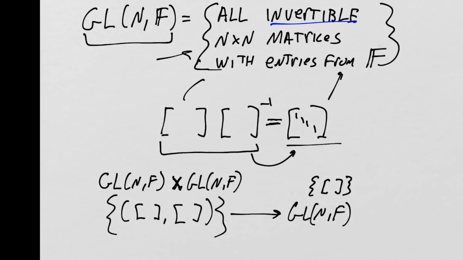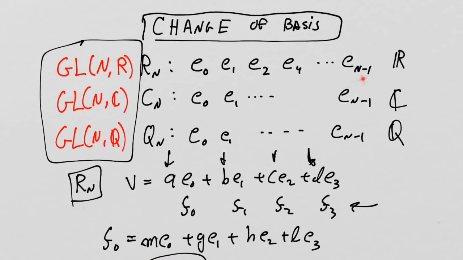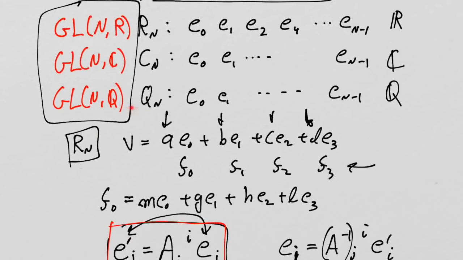What's really important to understand is we got to remember where this came from. This came from all possible ways of changing a basis in Rn, Cn, or Qn, right? That's kind of where we actually started.